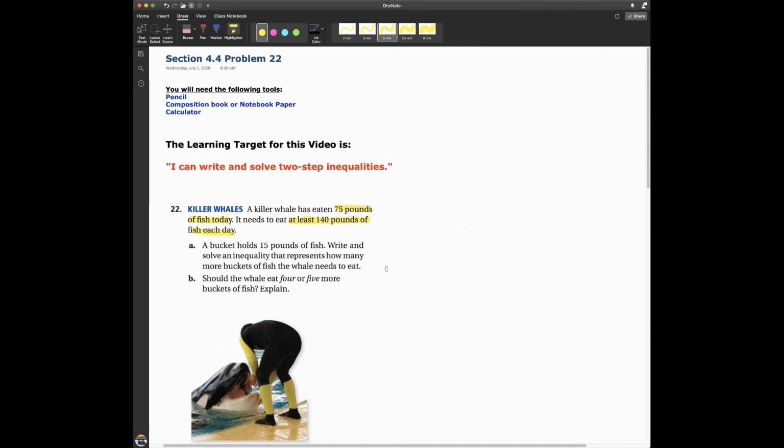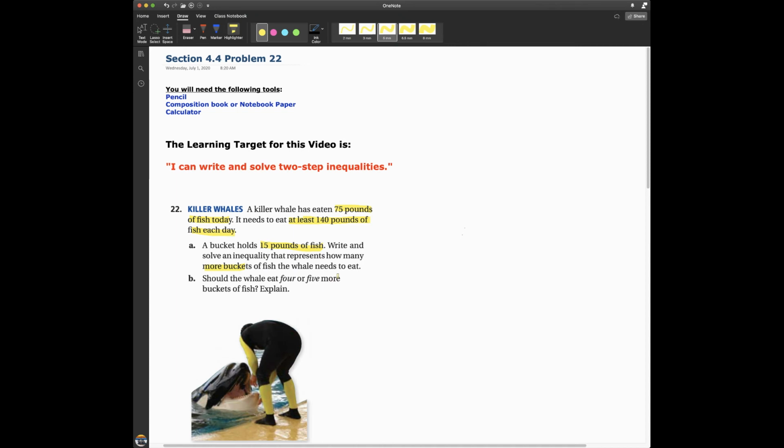A bucket holds 15 pounds of fish. Write and solve an inequality that represents how many more buckets of fish the whale needs to eat.